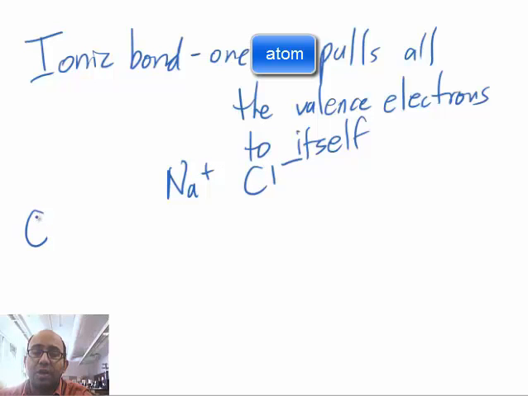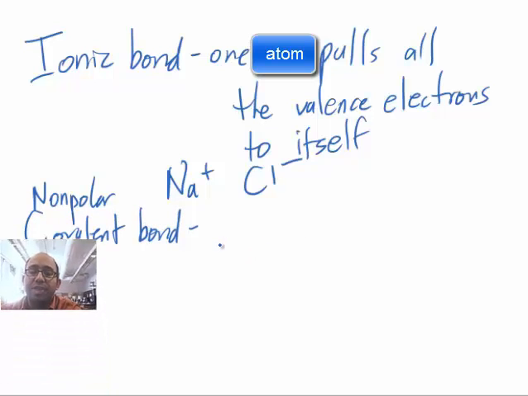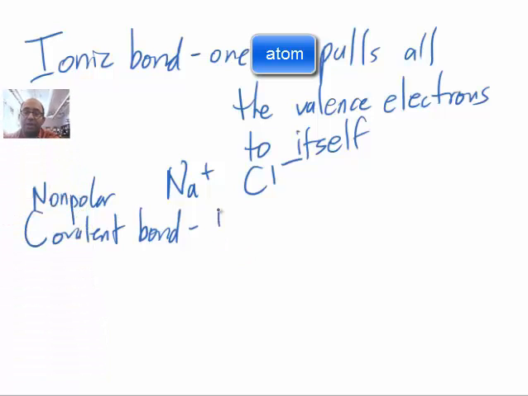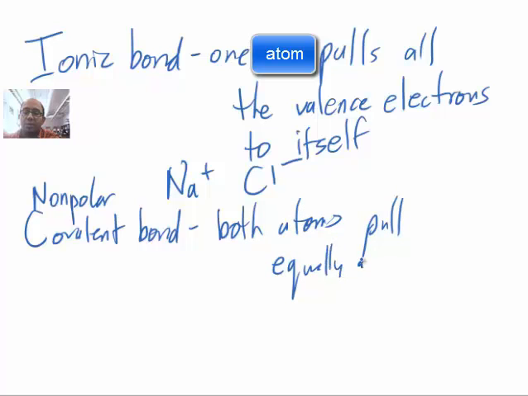Another kind of bond is a non-polar covalent bond. And that's when two atoms with the same electronegativity are pulling equally. Both atoms pull equally on the electrons.